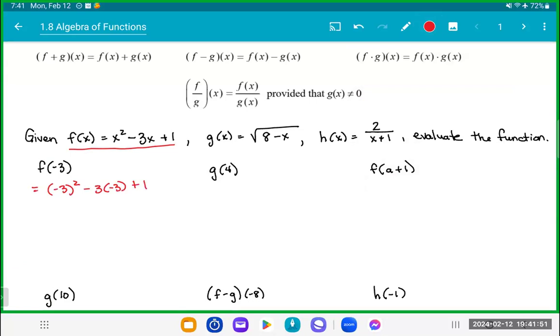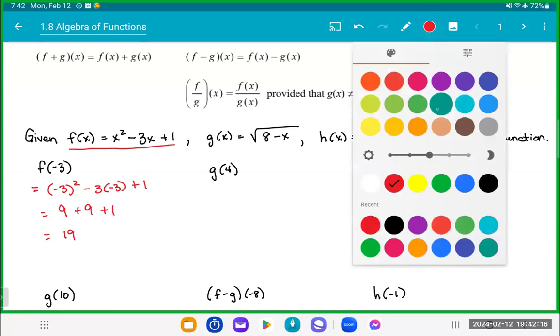That's 9 minus -3 times -3, which is +9, plus 1. So that is 9 plus 9 plus 1, which is 19. When I evaluate my f function at -3, I get a result of 19. Questions?